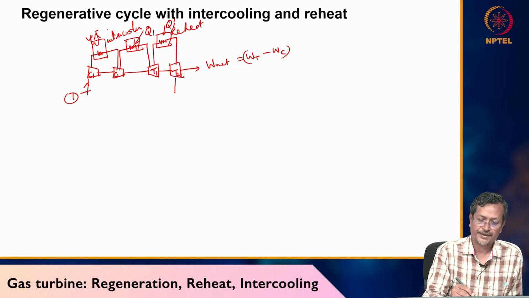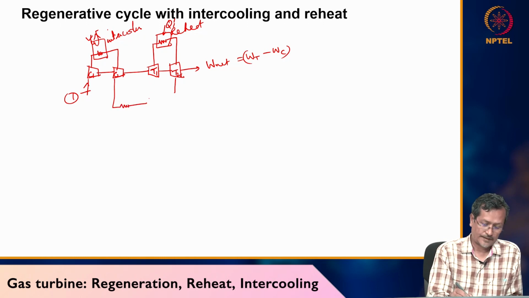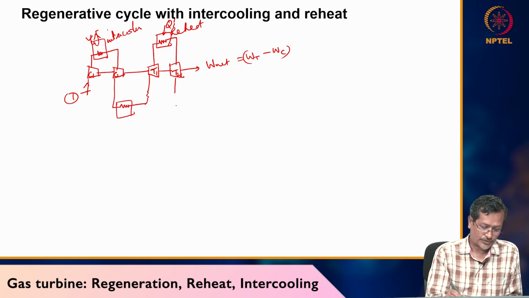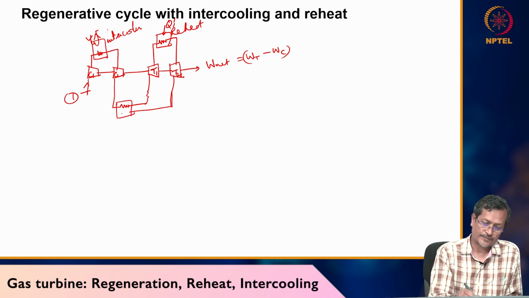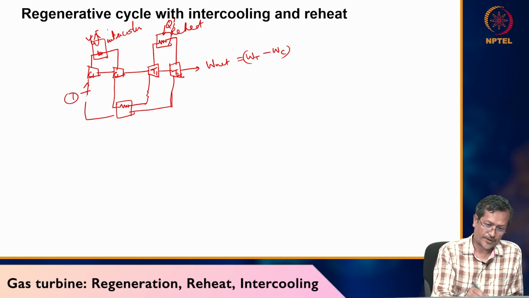I'll change something here. This line I'll draw the opposite way, it will be more clear then. So T2 comes here, from here to 1.